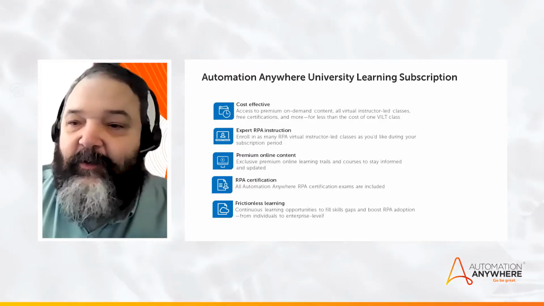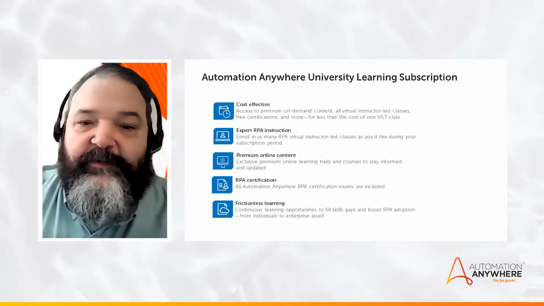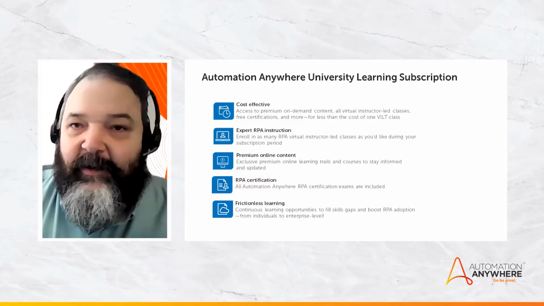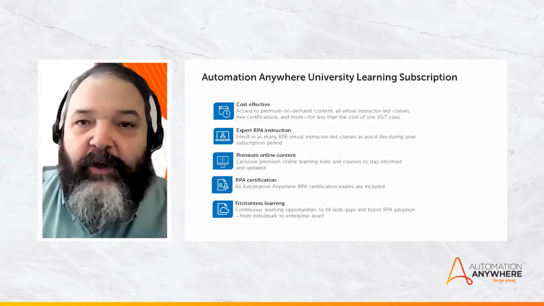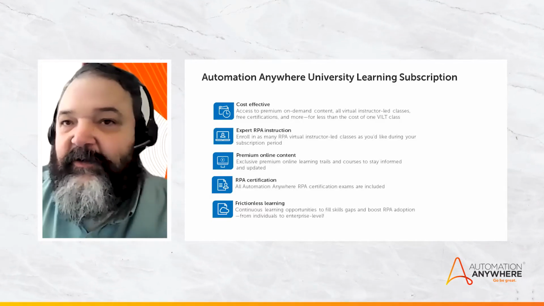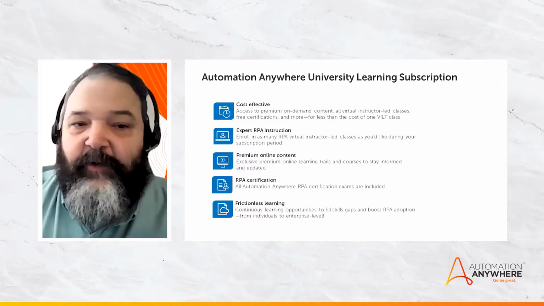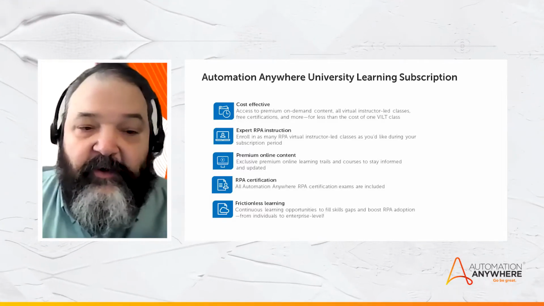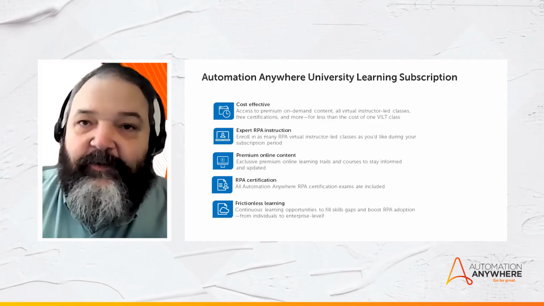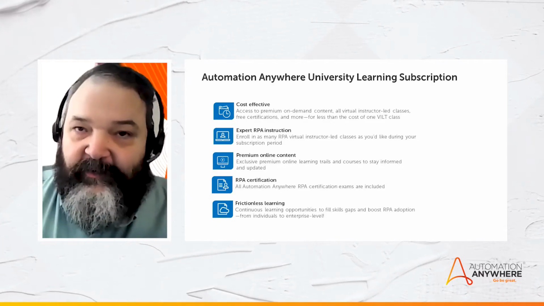By doing that, you unlock expert RPA instruction. That virtual instructor-led training is led by experts, people that have been working with this tool for a long, long time. And you can enroll in as many as you'd like and make sure you're gaining information from our expert instructors. You also gain access to that premium online content, those orange learning trail titles we talked about before.